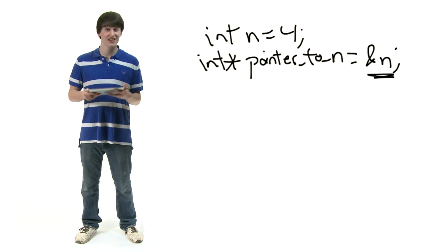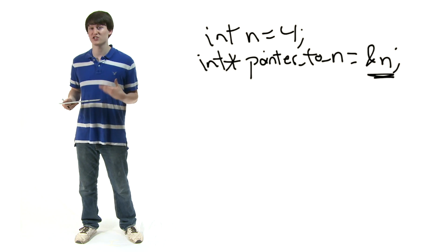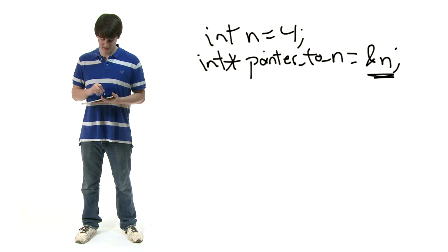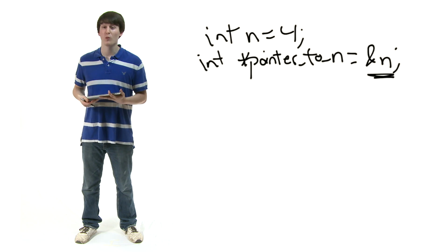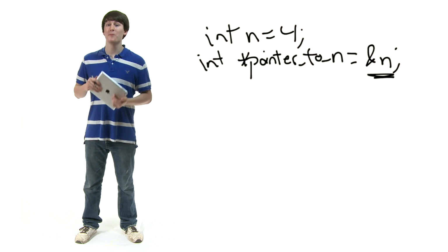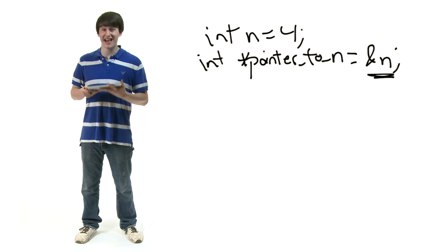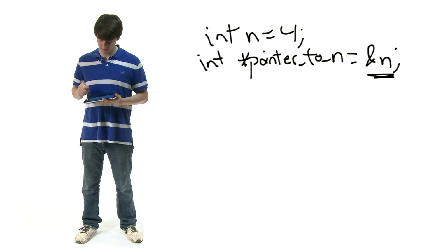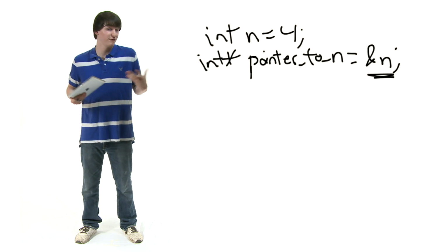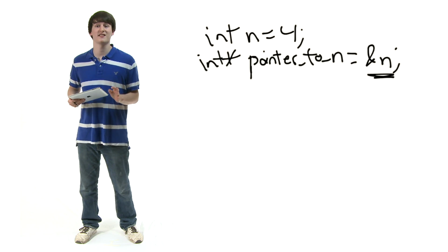So both int star pointer to n with the star next to int as we have here, and int star pointer to n with the star next to pointer to n are valid. But here, I'll place the star next to int. It doesn't matter which you prefer, just be consistent.